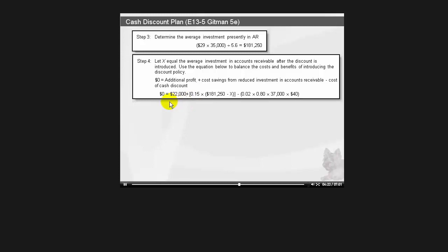So again, the formula is the additional profit, 22,000, plus the cost of capital, the 15% rate of return given in the problem, times the 181,250, which was the average investment presently in AR, minus whatever the average investment in accounts receivable would be after we implement the new policy, x, minus the 2% discount, times 80%, which was the percentage of sales we're going to make on credit, times 37,000, the new level of sales, times the sales value. And if we put that formula together, we can solve for x.